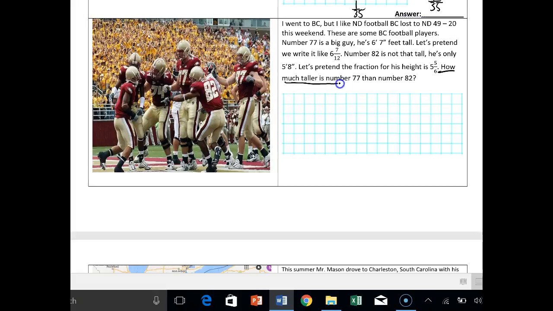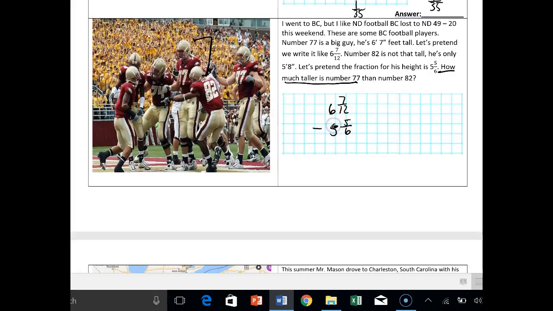So again, how much taller? We're trying to find a difference between this guy and 82. So we've got our big guy who's 6 7/12, and our little guy, subtracting him, who's 5 5/6.